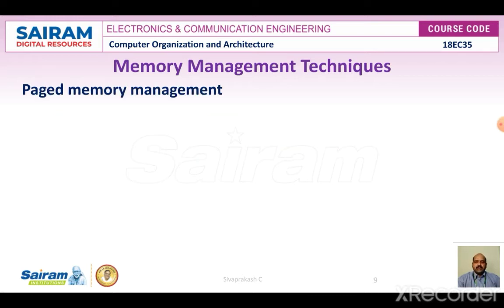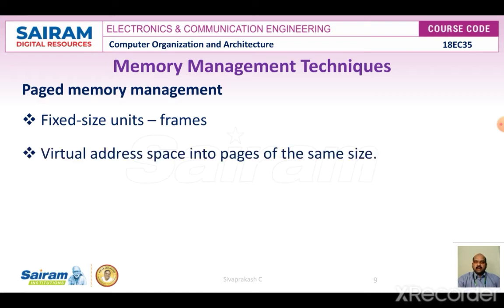Let's see the third one, paged memory management. What actually is paged memory management? Paged allocation divides the computer's primary memory into fixed size units, which are called pages or frames, and the programmer's virtual address space is converted into pages of the same size.